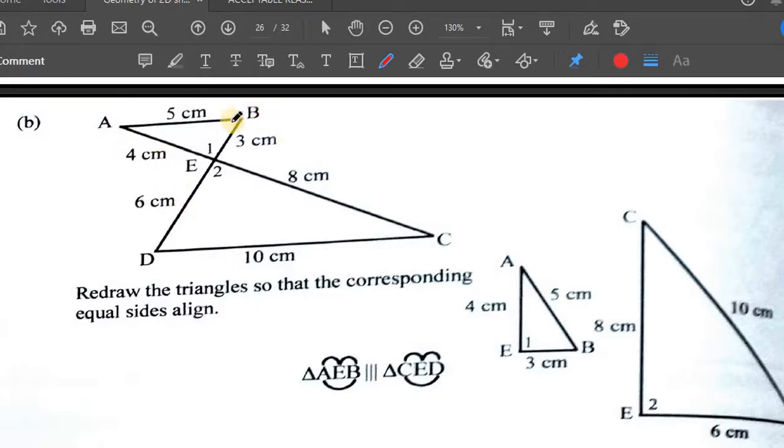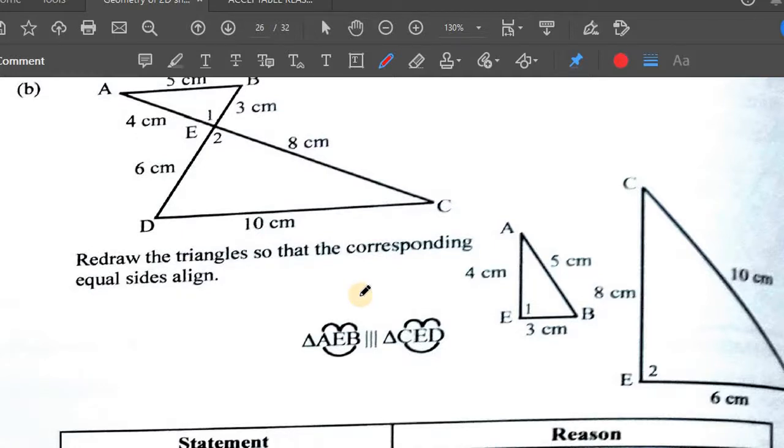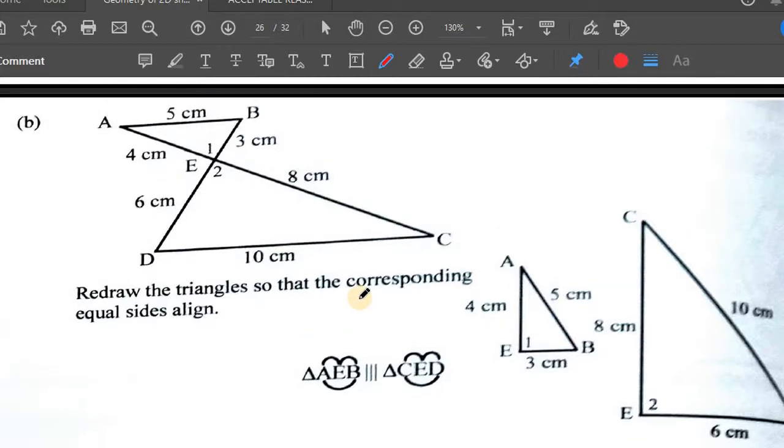So we've got ABE and we've got CED here, right? Now, yes, they tell you to redraw the triangles. Since you're starting off, you can definitely redraw your triangles because it helps you visualize better. So you drew this triangle AEB.